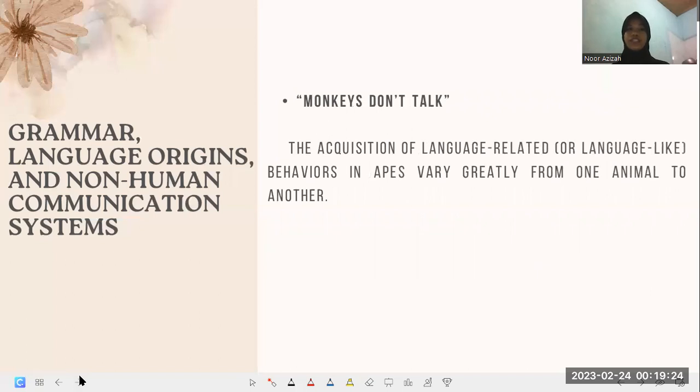Okay, monkeys don't talk. The acquisition of language-related or language-like behaviors in apes varies greatly from one animal to another. This fact in itself would suggest that apes use a different mechanism than humans to acquire language skills.